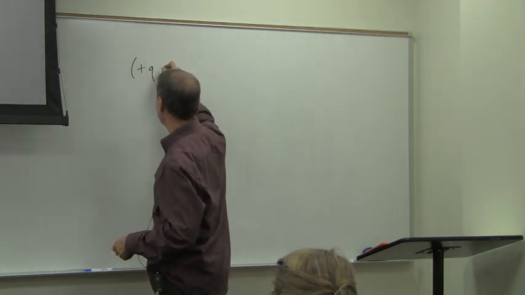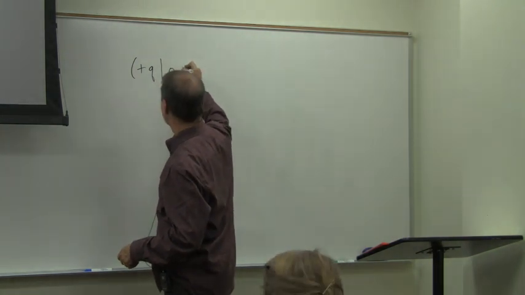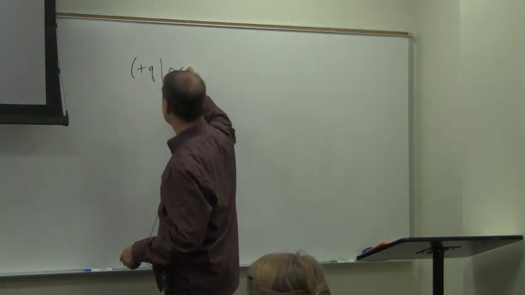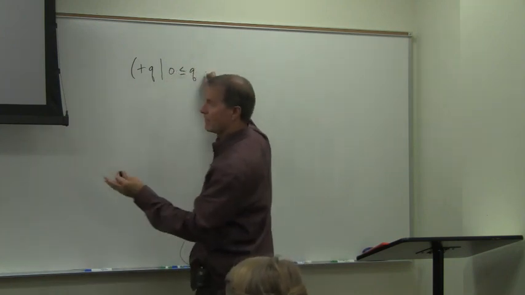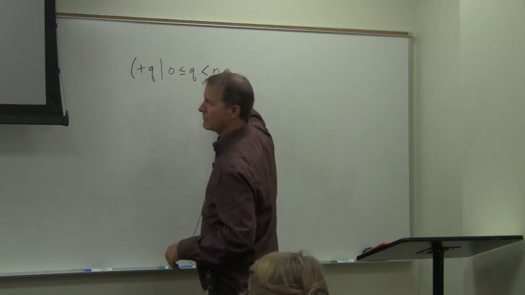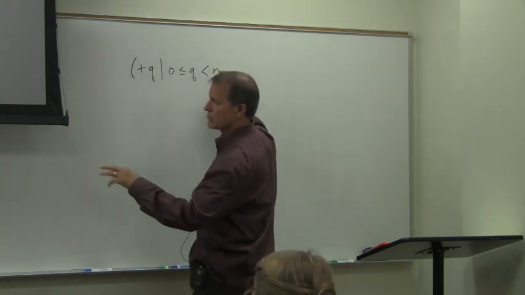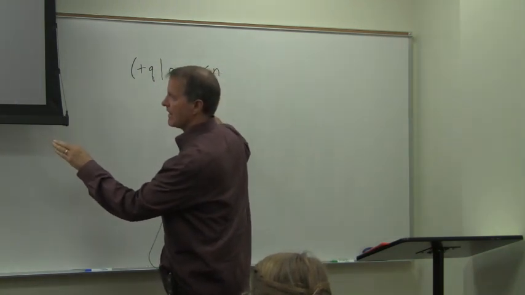Q? All right. Q, sum over Q, what is it? 0 less than or equal to what? To Q. Yeah. Less than what? We're just dummy renaming. We're not doing textual substitution. We're just writing less than n.